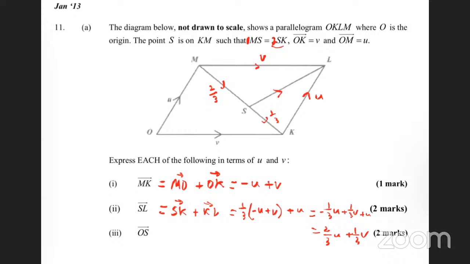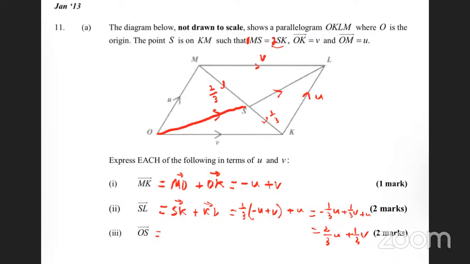How do I get OS? Feet said OM plus MS. Okay, well, we have feet, but you forgot to tell me to draw a line.